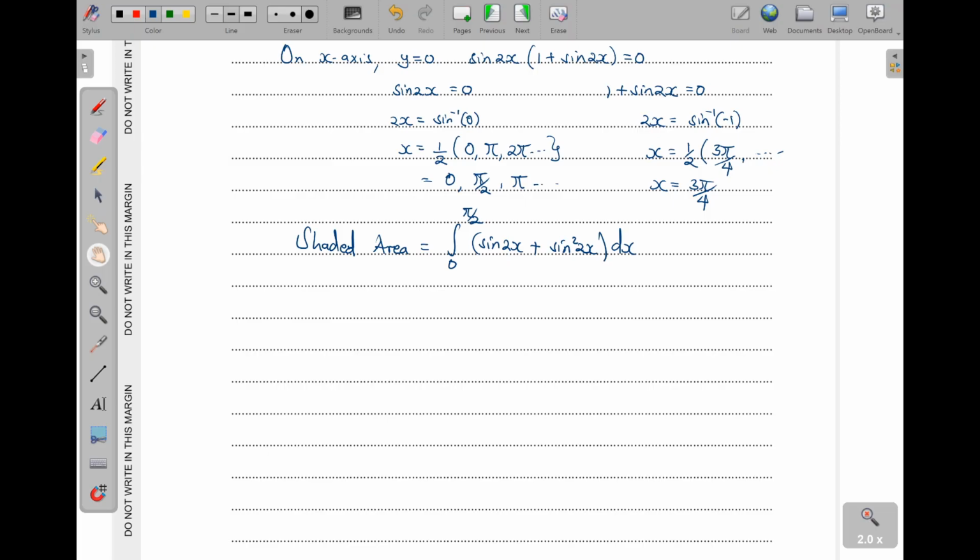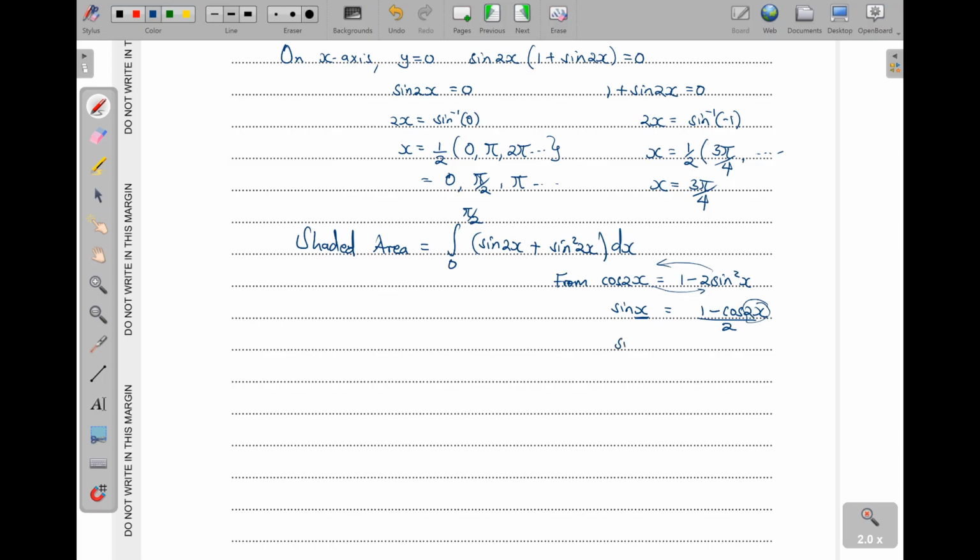So we know that cosine of 2x is equal to 1 minus 2 sine squared x. When you make this the subject, sine squared x will be equal to 1 minus cos 2x, and then after you divide through by 2, okay?